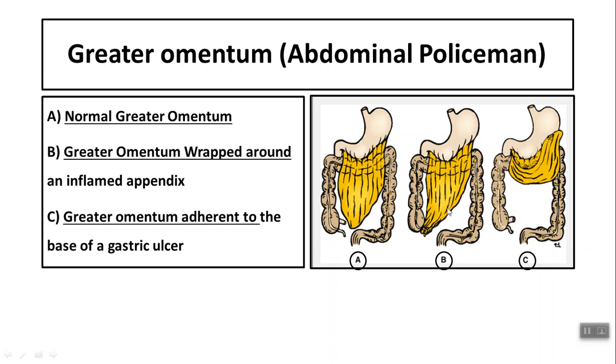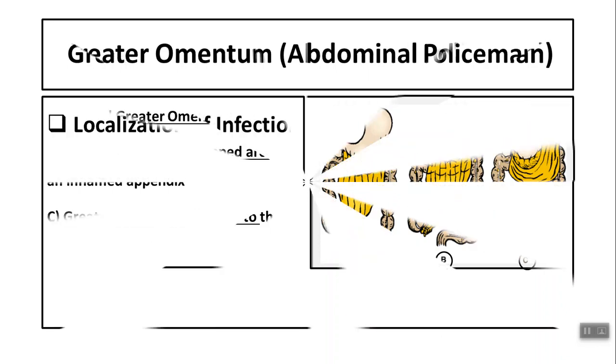In C, the greater omentum is folded upward toward the stomach and is adherent to the base of a gastric ulcer. The greater omentum has the ability to be adherent to the base of the gastric ulcer and seal it. Sealing. So it is called the abdominal policeman.